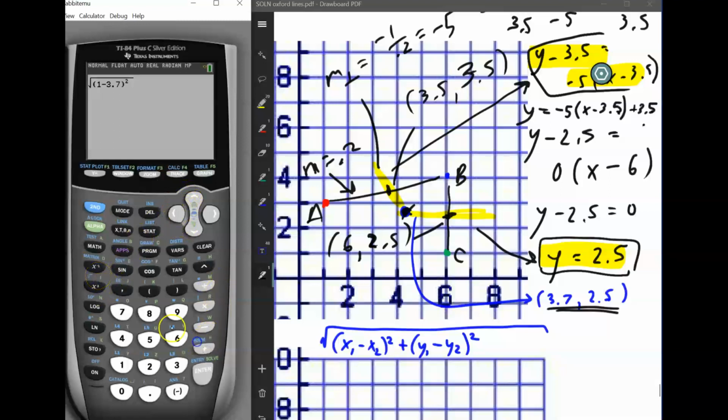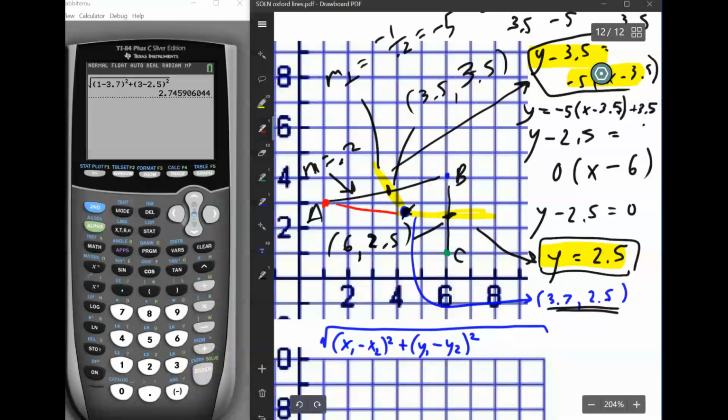And then I'm going to add it to the y coordinate of red, which is 3, minus the y coordinate of black, which is 2.5, squared. And then I'm going to hit enter. And that'll give me 2.75. So the red to black distance is 2.75.